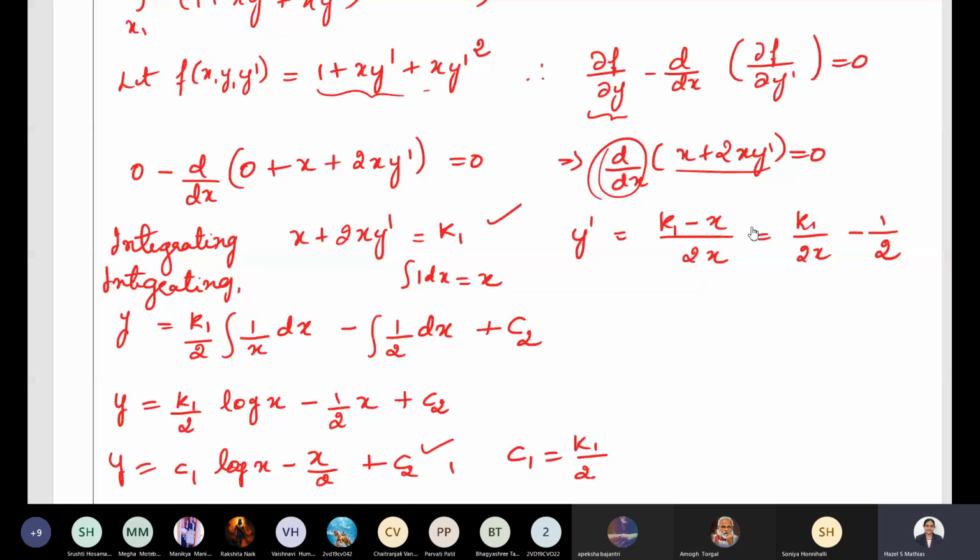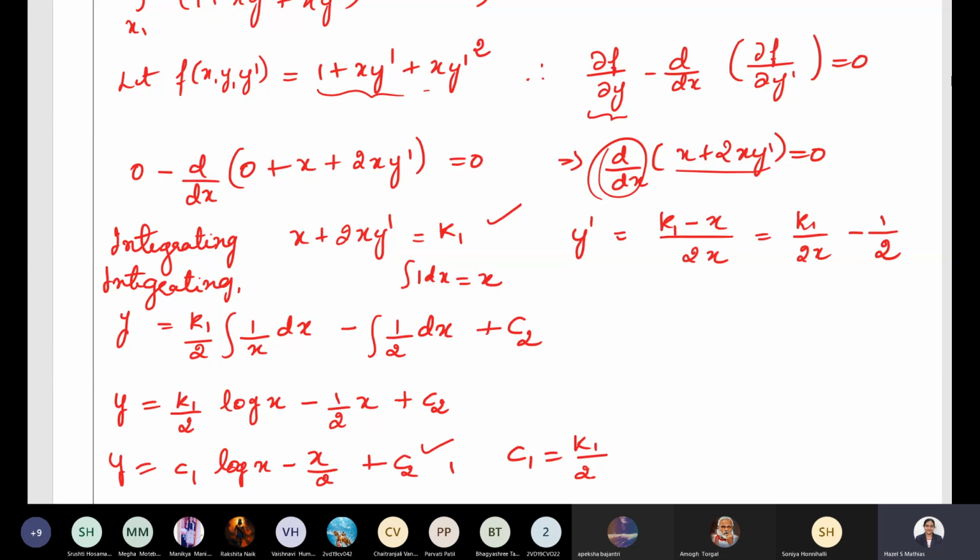Yes, ma'am. Okay. So what have we discussed in today's class? We have discussed functionals and one property of functionals. Then we discussed the necessary condition for the functional to achieve extremum, that is, we derived Euler's equation, and using this Euler's equation we solved a few examples wherein we learned how to find the function for which the functional attains its extremum.